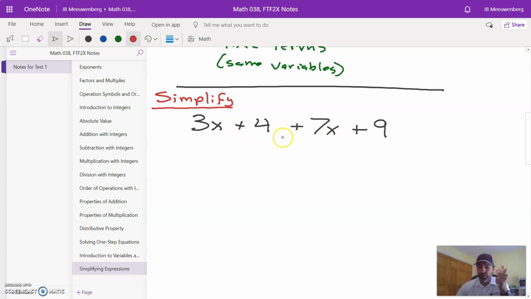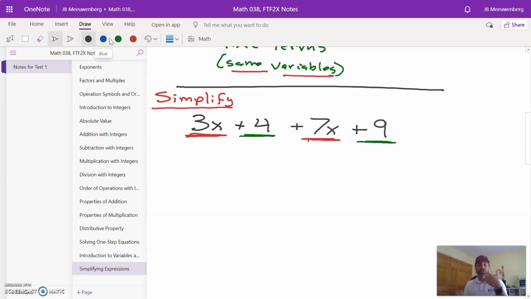And again, they're the things that have the same variables. So what I see is a 3x here, a 7x here, and then we also have a 4 here and a 9 here. And those have the same variables because they don't have any variables. Those are the constant terms.